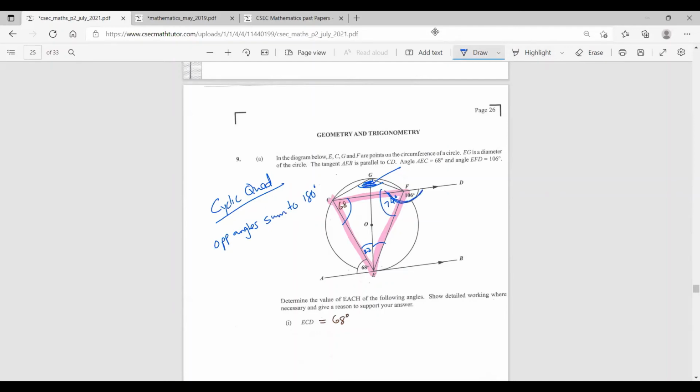And if the outside is 106, then the other part will be 74, right? So that was easy. We just know that this is 74 degrees inside here. For me to find the missing part, I could say 68, add 74, add 22, and subtract all of that from 180, because remember, it's a full triangle inside of here. When I did all of that, I got 16.